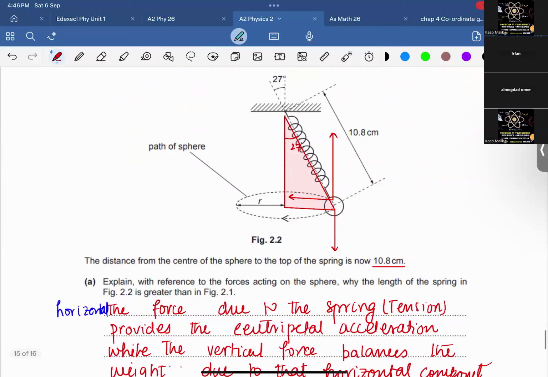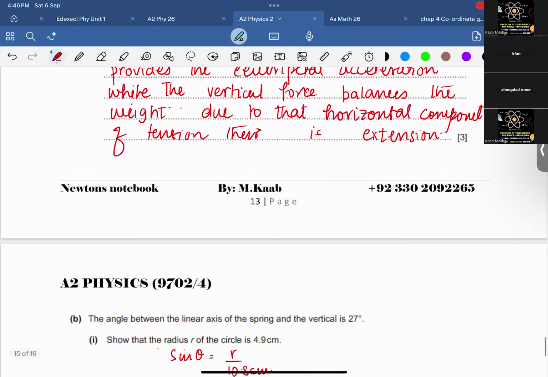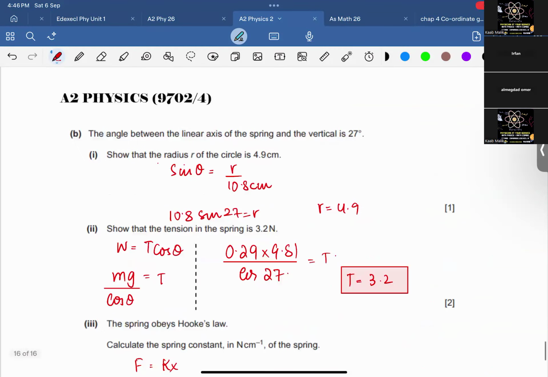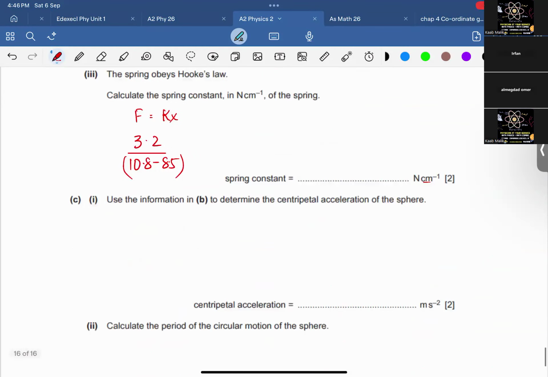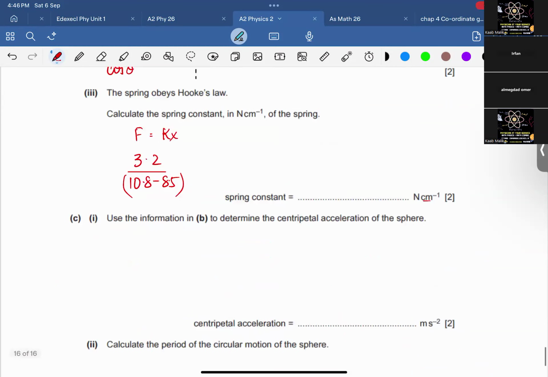I have the tension. The tension in the spring's constant.